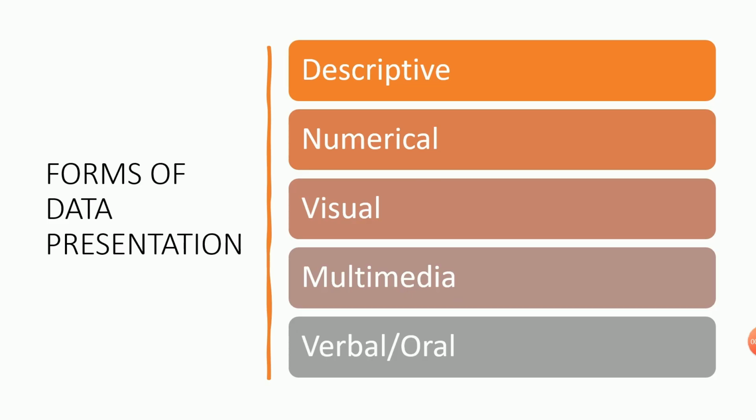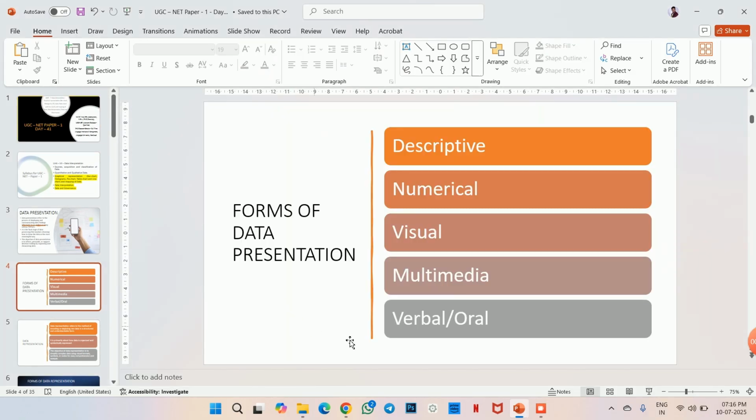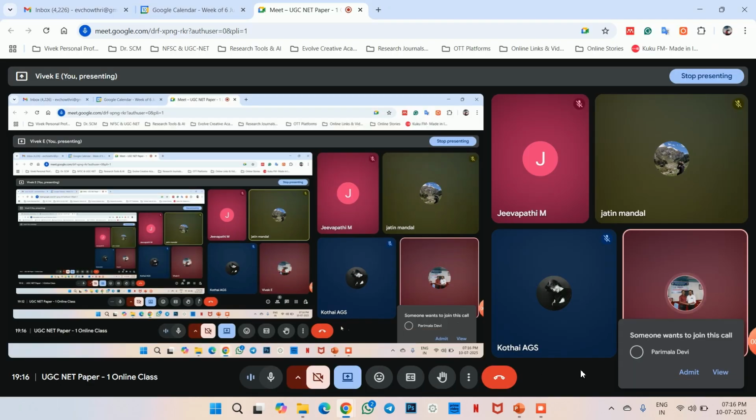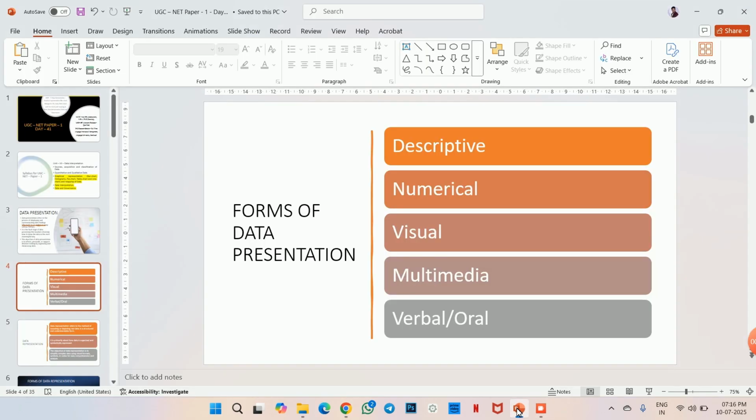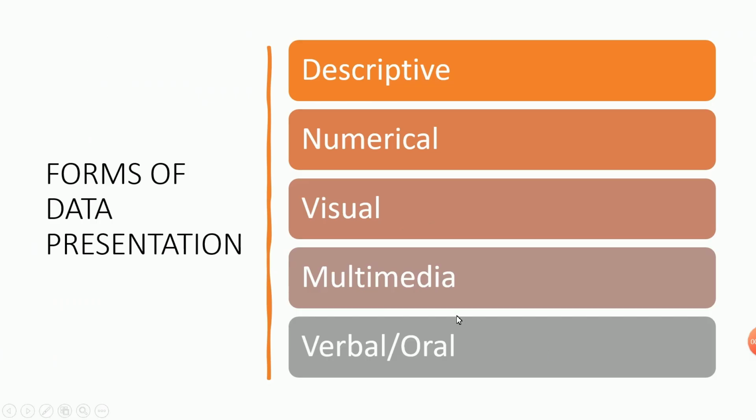Since ours is a somewhat professional class, I have not utilized transition effects in the slides. But when you use transition effects, it would be more effective when presented to a larger audience. So that's how it is done.